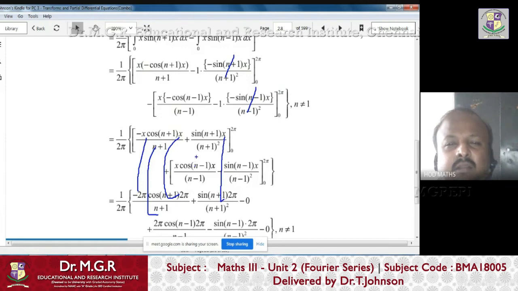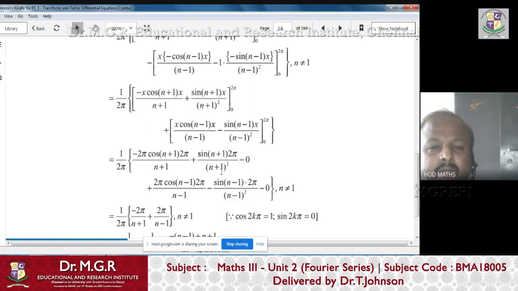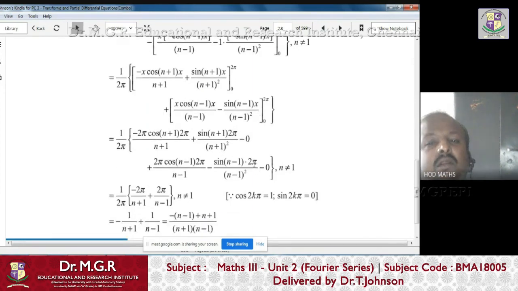So here we don't bother about sine terms, we only bother about cos terms, and in that also we substitute 2 pi first, upper limit minus the lower limit. What is the lower limit? The lower limit is x equal to 0. When you put x equal to 0, this term is gone.